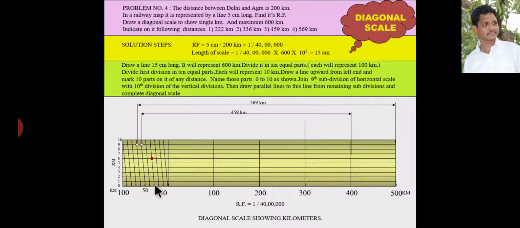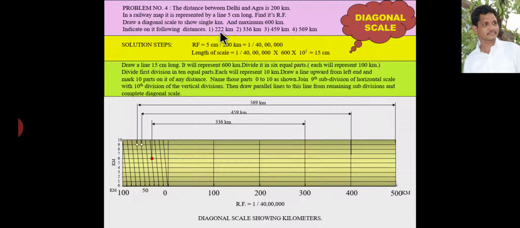From here to here, 0, 10, 20, 30. So this is 30 kilometers, and this is the 6 kilometers line. So this intersecting point is 36 kilometers, and from here to here the total is 300 kilometers, 336 kilometers.